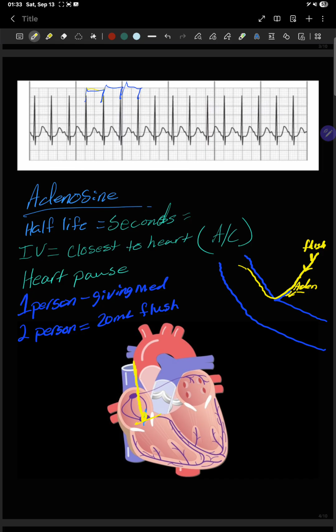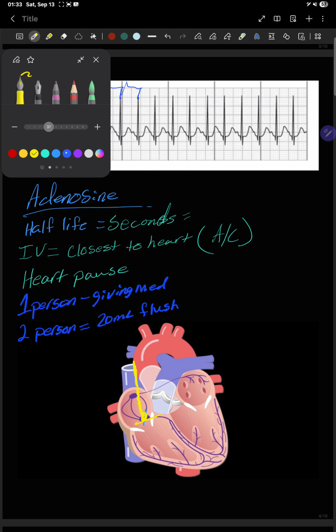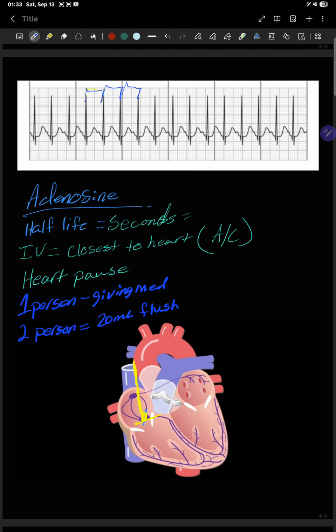Now, when I was talking about the things that'll scare you or your patient, if you're not ready for it, and you give this med, and it lands, it can land anywhere in there, but I'm going to say where the blue line is where the adenosine starts. You're going to get a pause.